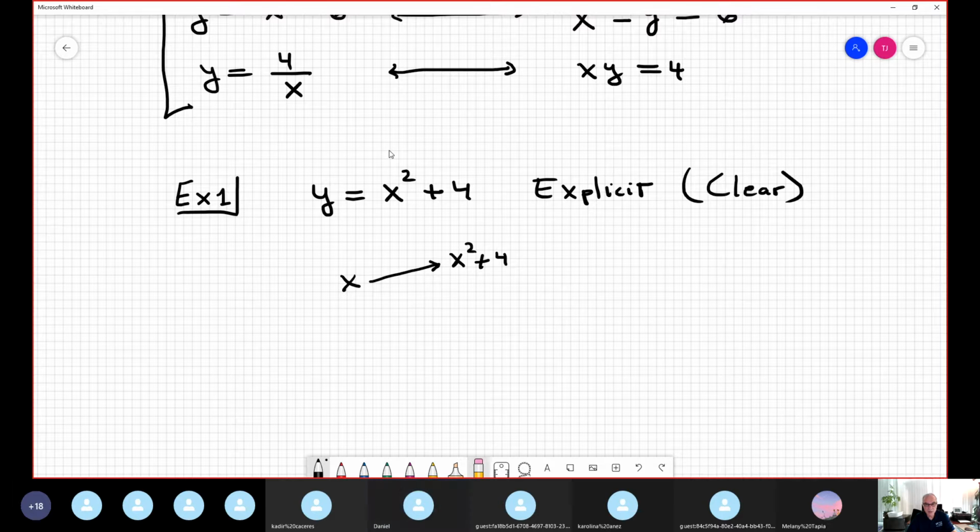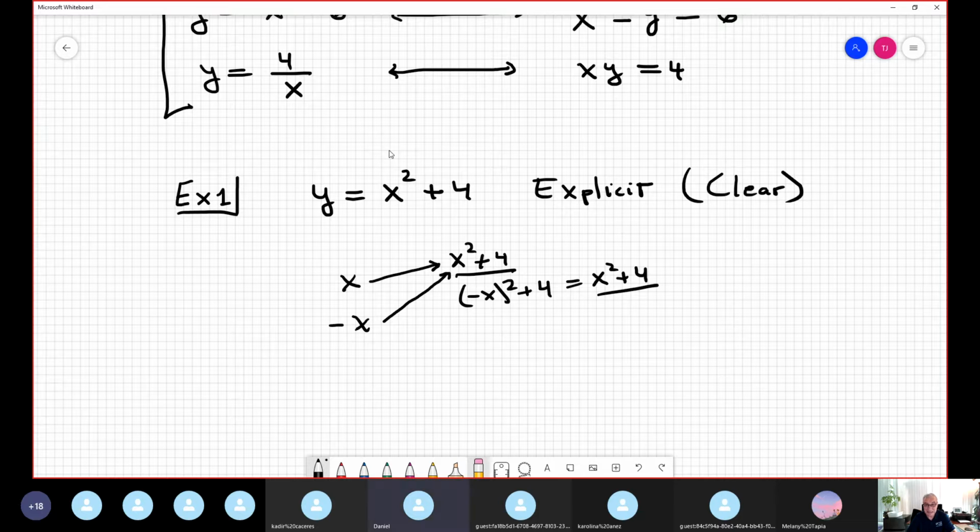In this case, maybe negative x generates exactly the same value, because negative x squared plus 4 is equal to x squared plus 4. It's exactly the same y value, no? But it's okay, it's many to 1. So it's a function. Okay?